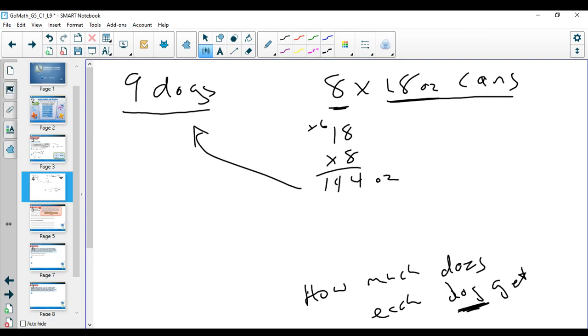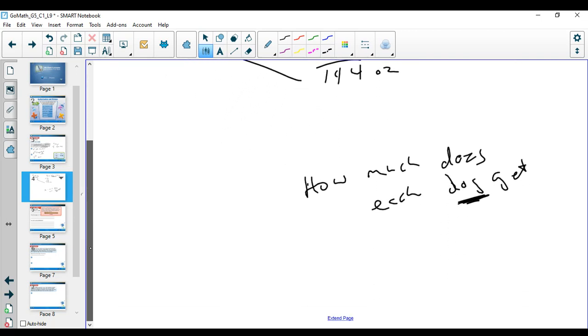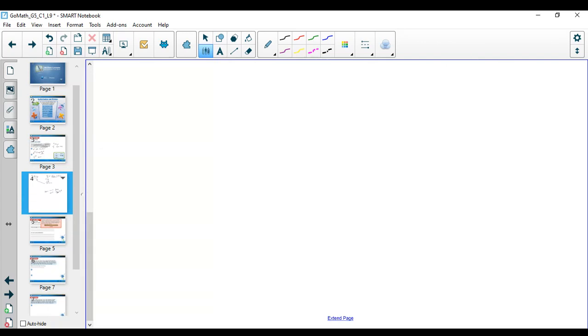Now, if they all get the same amount, and I have 9 of them, then fair sharing sounds a lot like division. So I'm going to extend this page. I'm going to take my 144 ounces of dog food and divide it by my 9 dogs. So 144 divided by 9 equals what?